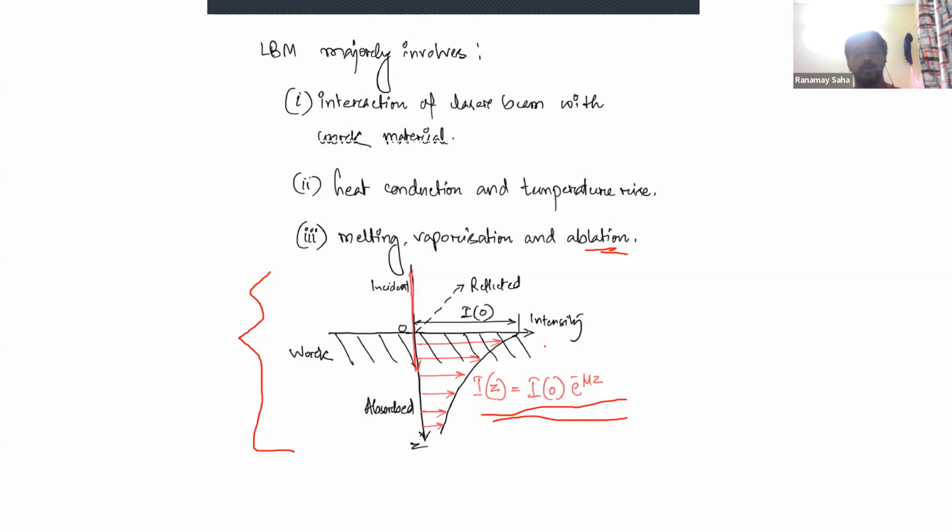So the intensity decreases exponentially with increasing depth inside the work material. A part of the incident light may also get reflected, of course, as you know. That is the basic phenomenon of laser beam machining.